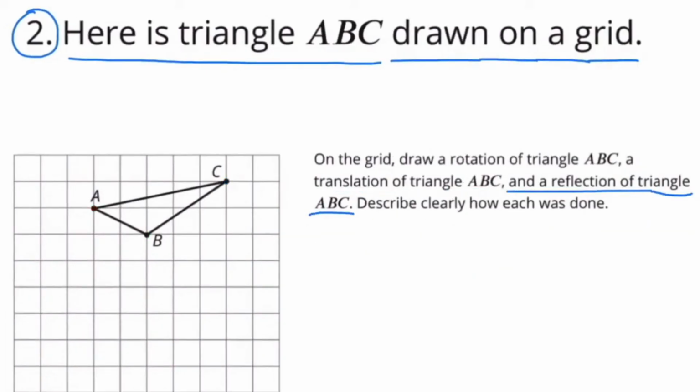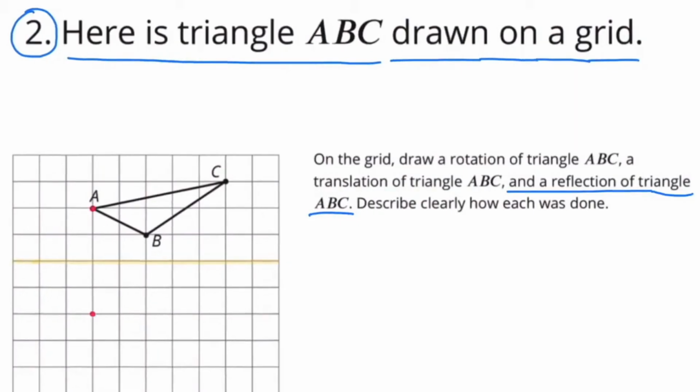Draw a reflection of triangle ABC. First, I've drawn a horizontal line, the line of reflection. Since point A is 2 units above that line, I'm going to put the reflection point for point A 2 units below the line.